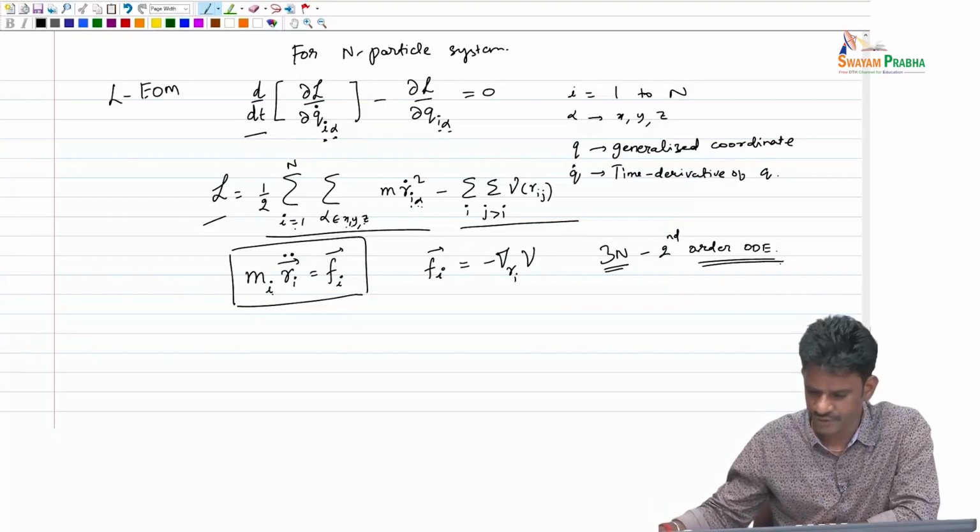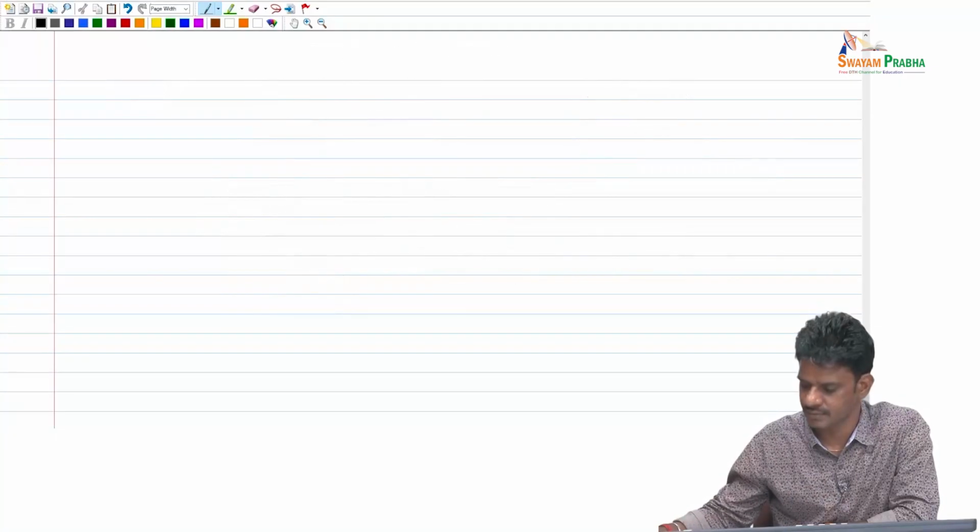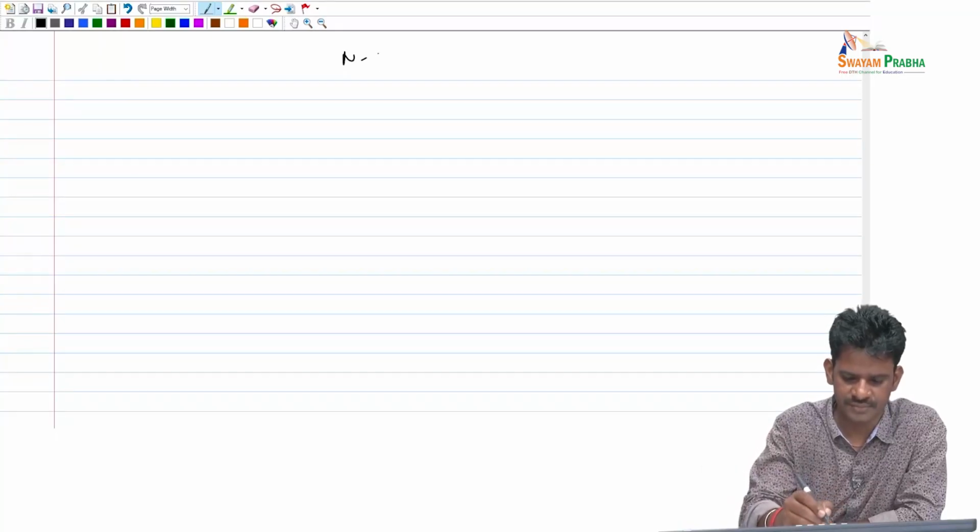Now let's look at the Hamiltonian formulation for the n particle system.